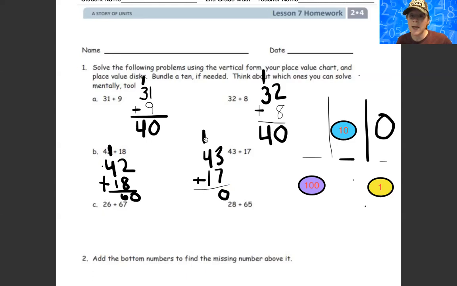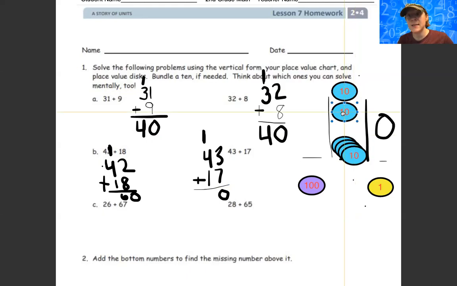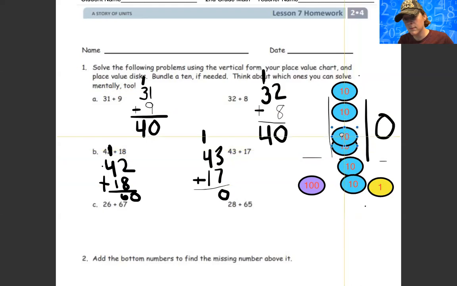Now we have 1 ten plus 4 tens plus 1 ten. So here we go. 1 ten plus 4 tens. 1, 2, 3, 4 plus 1 ten. Okay. So now we have how many tens? We have 1, 2, 3, 4, 5, 6.